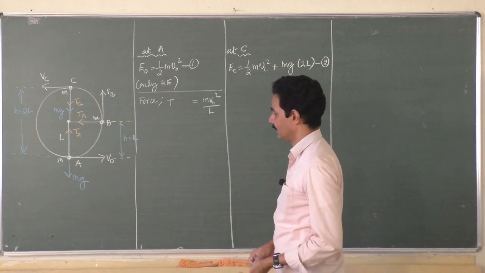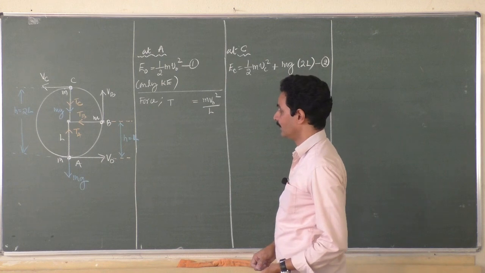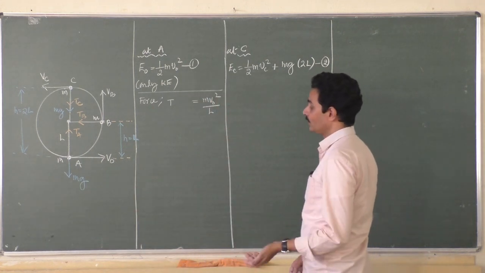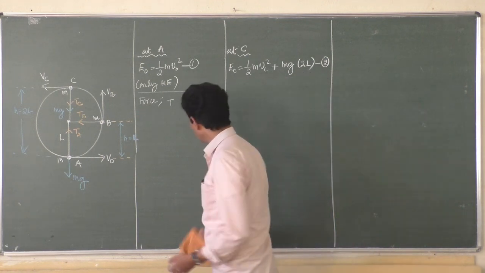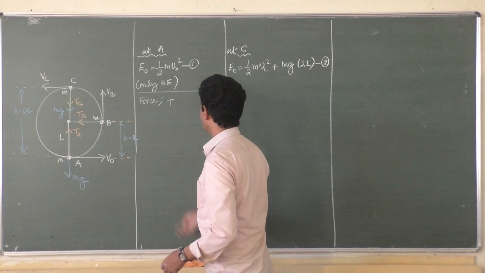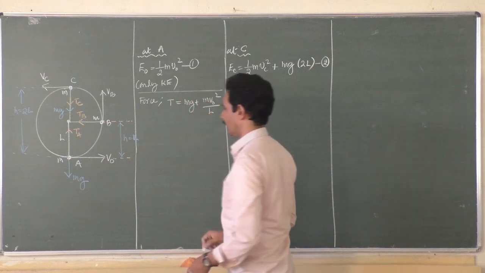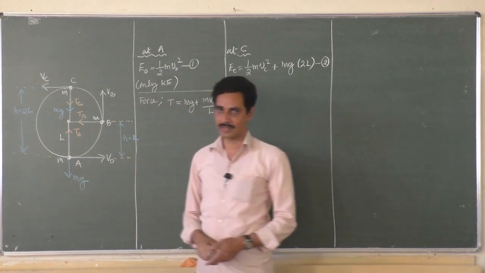But there is one more force acting here, that is the weight of the body. Weight is opposite to the tension in the thread, so that weight will also add to the tension. So tension is equal to mg plus mv naught square by r. Do you get that?